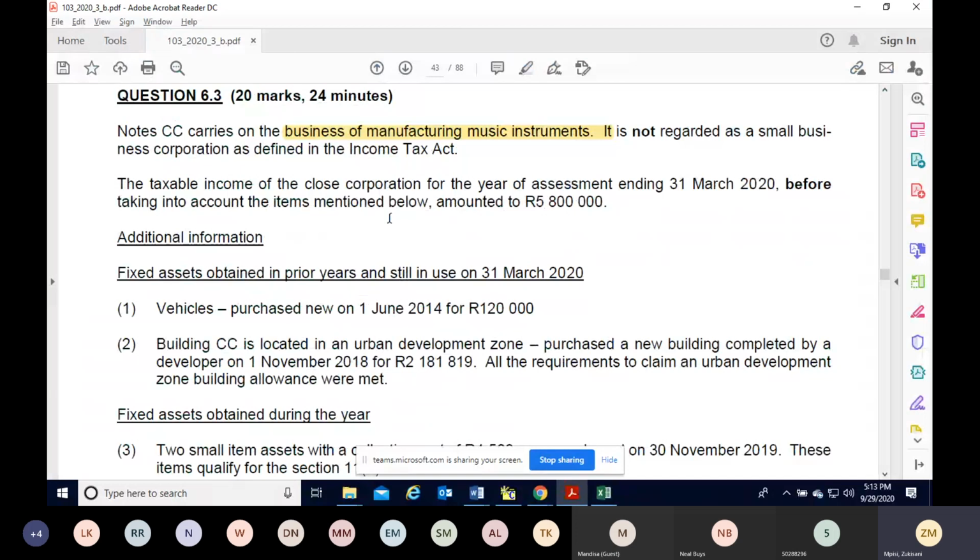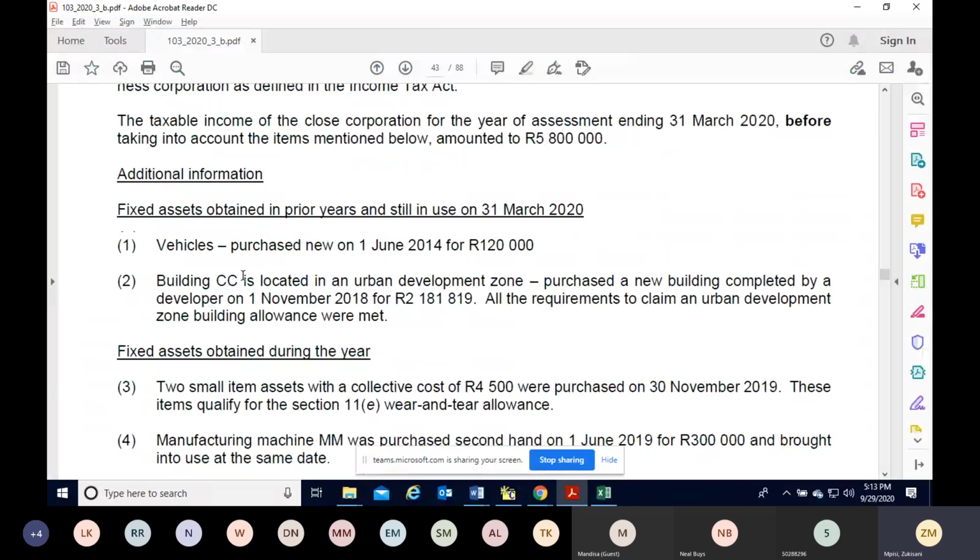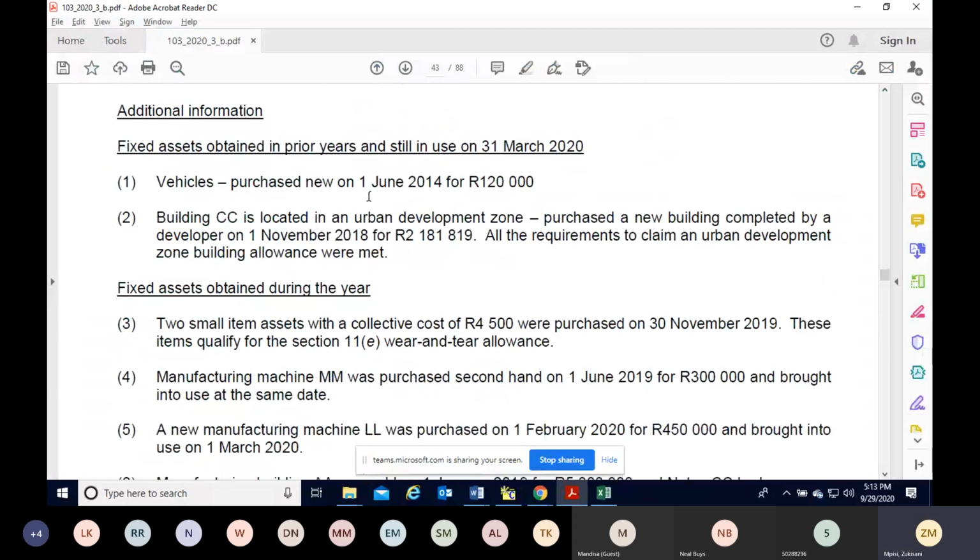Fixed assets obtained in the prior years and still in use on 31 March. You've got vehicles purchased new on 1 June 2014 for 120,000.